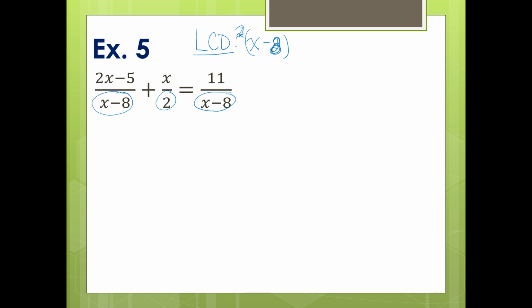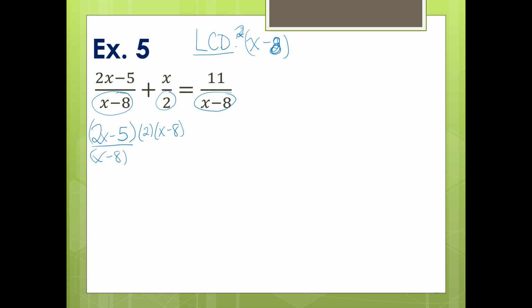Now, this has 3 terms. It's a little longer. There's more stuff going on than our last one. So be careful. Give yourself some room and some space to show work here. So we got 2x minus 5 over x minus 8. It might be good for you to put everything in parentheses just to make your life easier so you can see which terms are where and what's connected to what. So we have 2x minus 5.